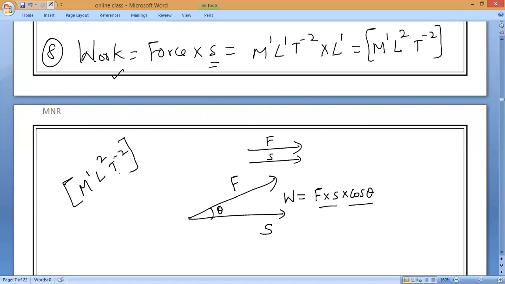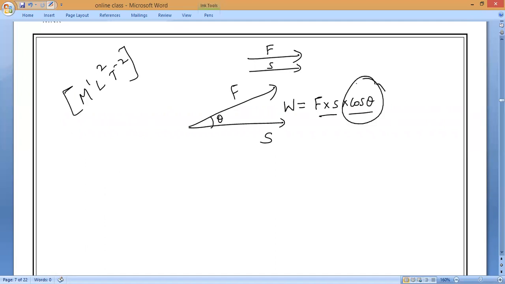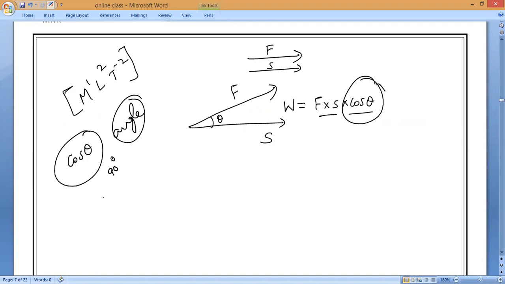Why, sir? Let me take, as we all know, cos theta. Cos theta is actually what, guys? It is an angle. Correct or not? Everybody? Suppose I take theta equal to 90. Then cos 90 is equal to what? 0. So 0 is a number. Is there any unit or dimension for a number? Have we written any dimensions for a number?